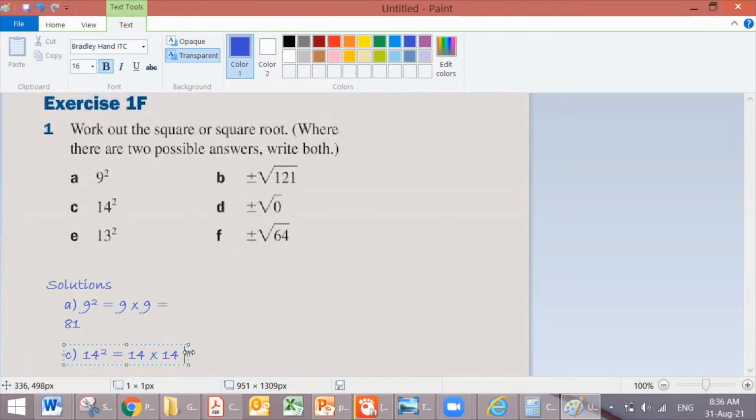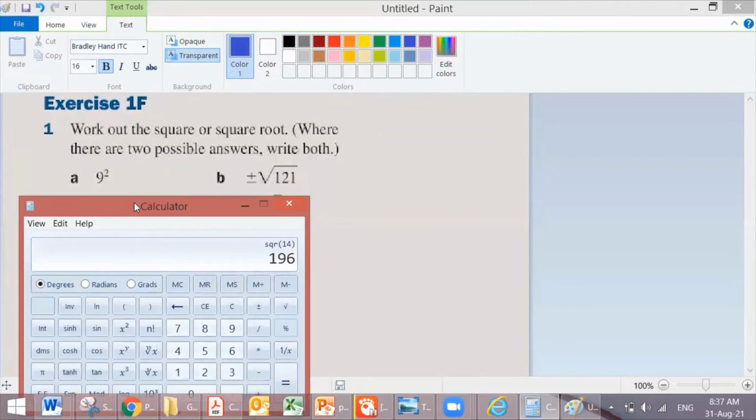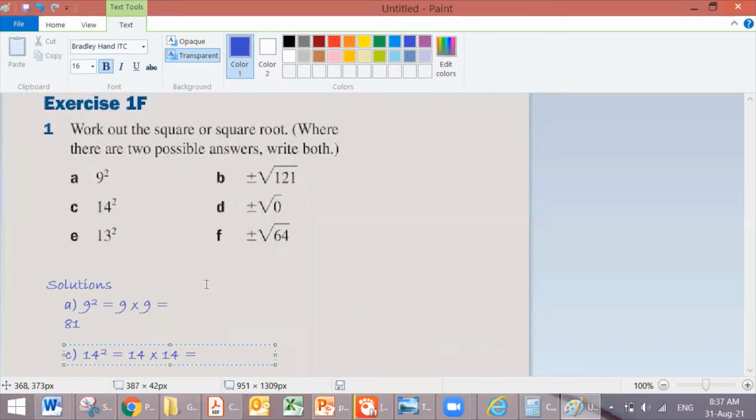So the answer will be, okay, now I don't remember the 14 square, so I can use the calculator. For the square, I will type 14, and here is the X square button in your calculator. So when you press it, it will automatically find the square of 14. So the answer is 196.